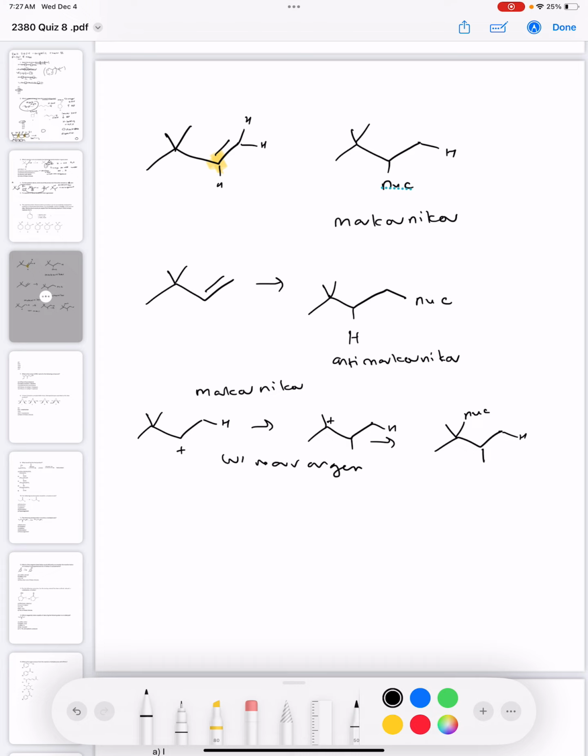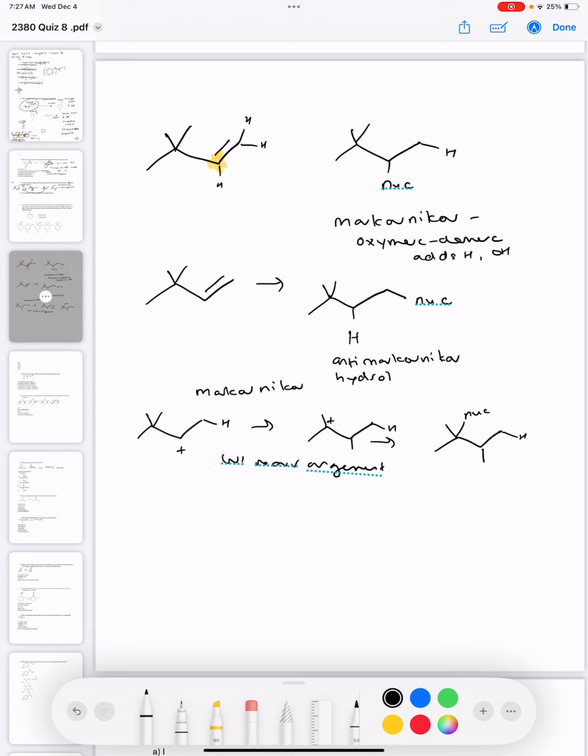So hydroboration oxidation will add water, not hydroboration oxidation, sorry. Oxymercuration-demercuration will add water across this double bond. H to the less substituted side, OH to the more substituted side with no rearrangement.